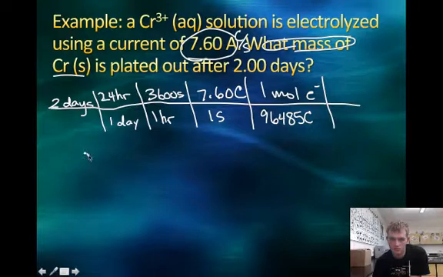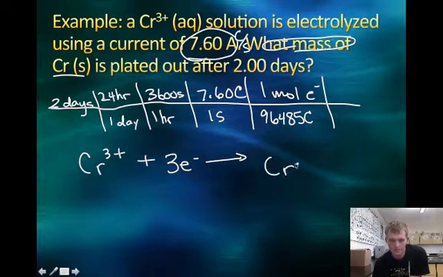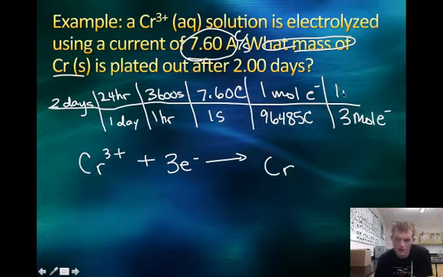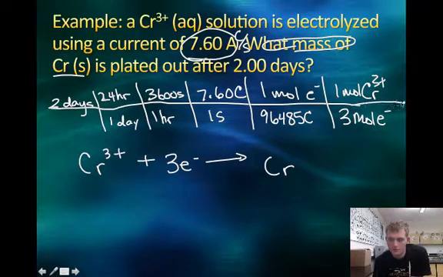Here's the part where we needed that. If 1 mole of electrons makes 96,485 coulombs, then I need to account for 3 moles of electrons being there. And now we can go to mass. No, we can't. We're going to moles of chromium. Oh yeah, we can go to mass now. 52 grams of chromium for every mole of chromium.